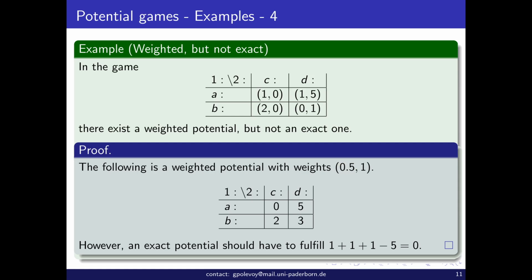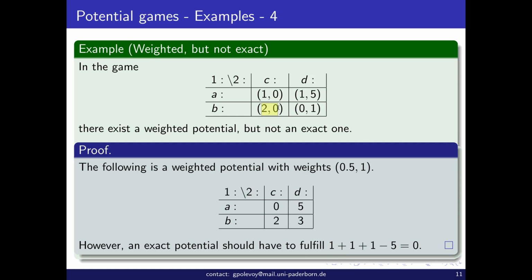So let's start here, why not? We start from AC. The row player changes from A to B, and the utility increased by 1. It should be exactly the change in the potential if there had been a potential.